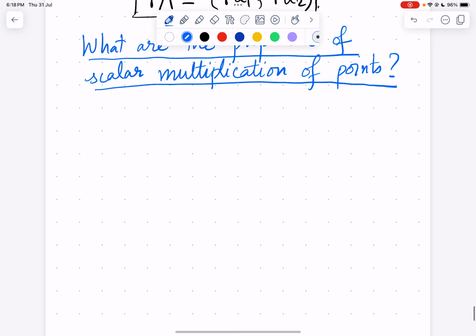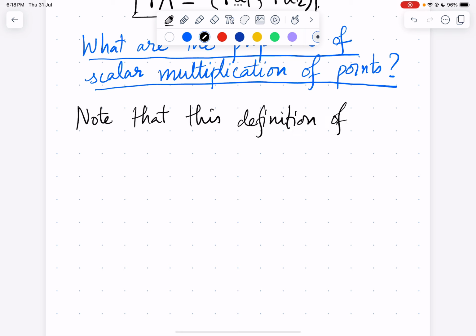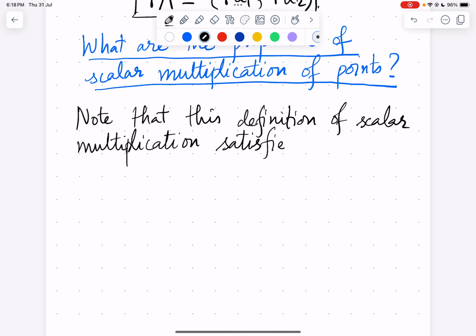Note that this definition of scalar multiplication satisfies nice algebraic properties.